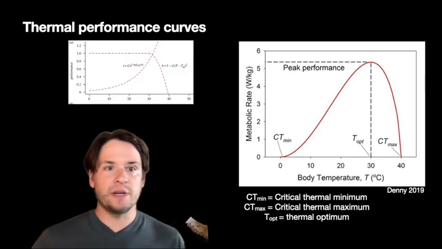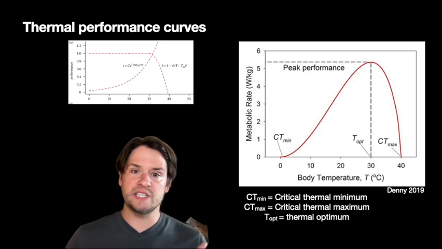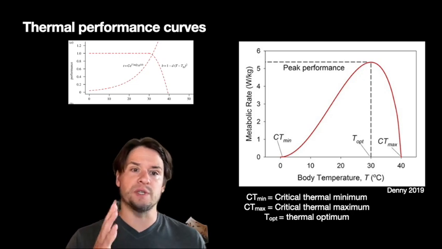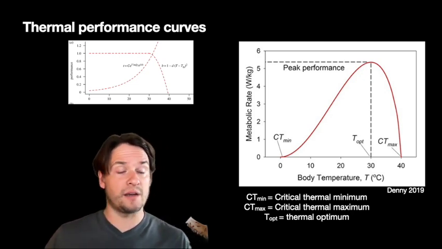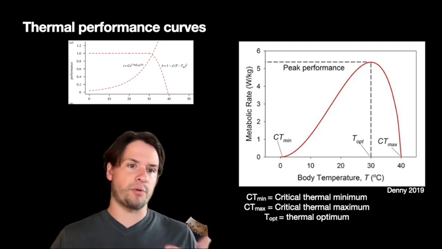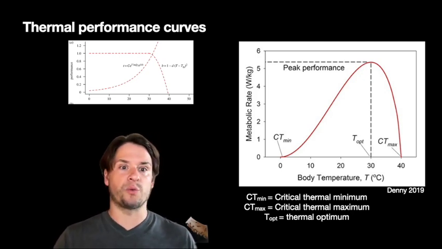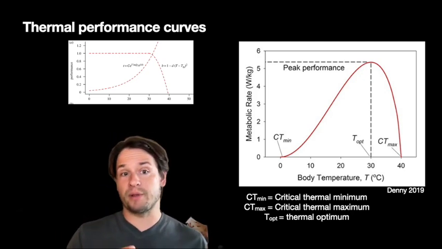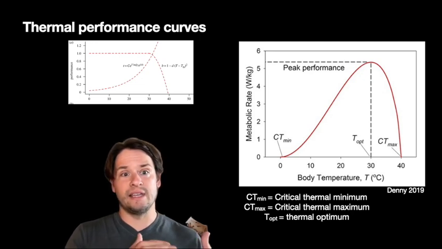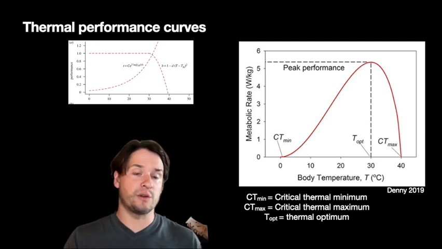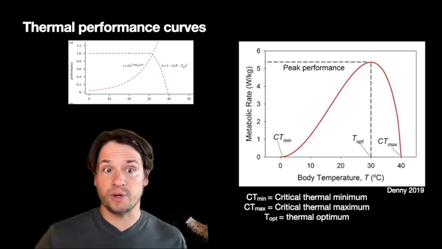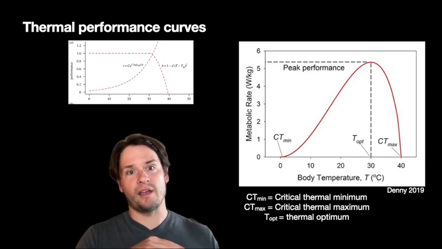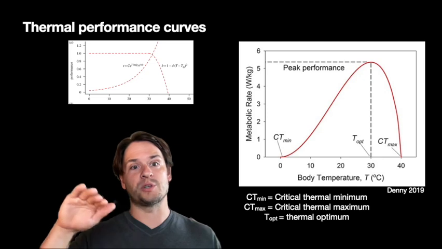And without digging too deep into the details, the reason we often see this kind of curve in these nonlinear responses, and often an asymmetric response where we see a steeper drop-off in performance at high temperatures than at low temperatures, is because different processes in general, we think, drive the effects of low temperature versus high temperature. So, for example, at low temperature, often it's the exponential increase in enzyme activity that occurs with increasing temperature that drives the increase in performance with temperature up to a point.